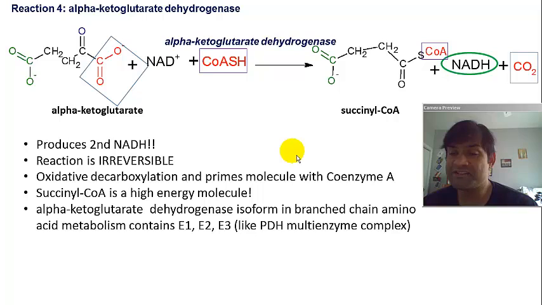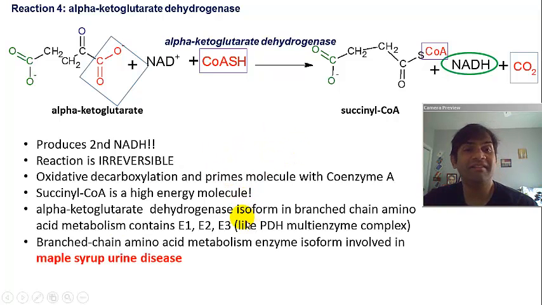And just like the PDH multi-enzyme complex, that version has an E1 form, E2 form, and an E3 form. So if you remember, E1 has TPP, E2 has lipoic acid, and E3 has FAD, which gets converted to FADH2. So it's a superenzyme or multi-enzyme complex that is almost totally analogous to the PDH multi-enzyme complex. Henceforth, the mechanism and everything is also going to be the same.